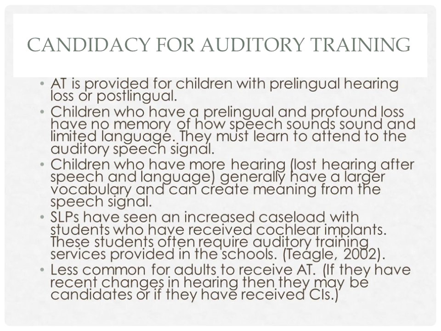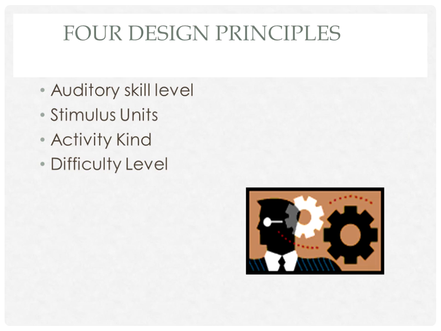We also see that we often work with clients who have what we call dual sensory impairments. That means hearing loss and vision impairments. So an individual who is facing both loss of vision and loss of hearing may well be a candidate.